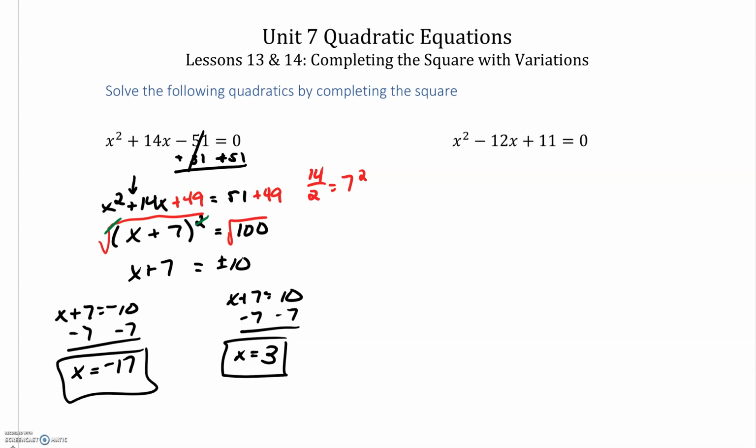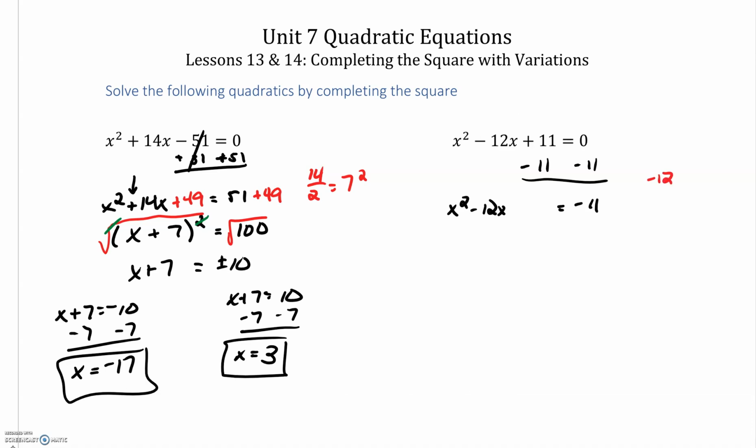Okay, this next one, we're going to do the same thing. I want to move that 11 to the other side, so I'm going to subtract 11 from both sides. I have x squared minus 12x, leave a space, is equal to negative 11. I need to find the c value to add in there. I do the same thing.